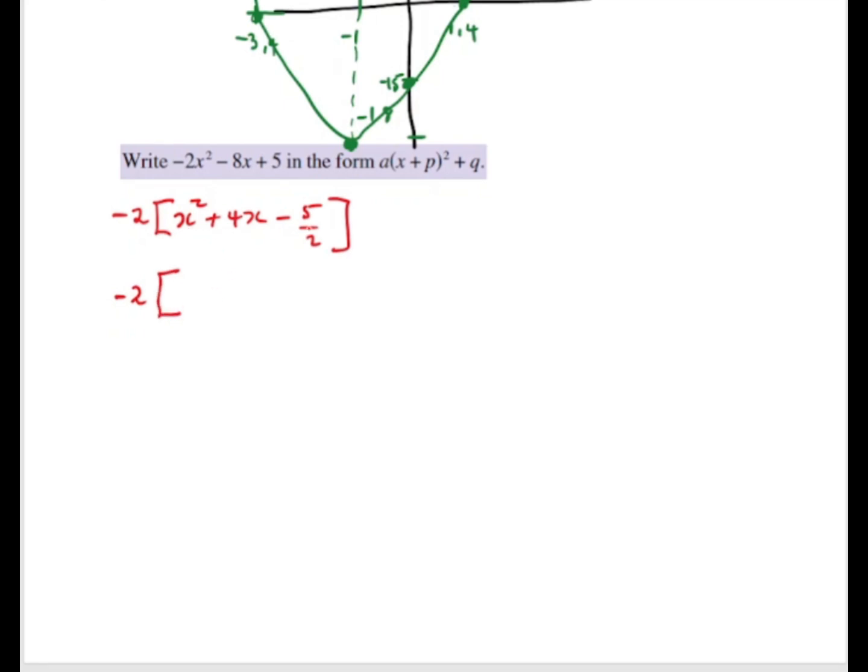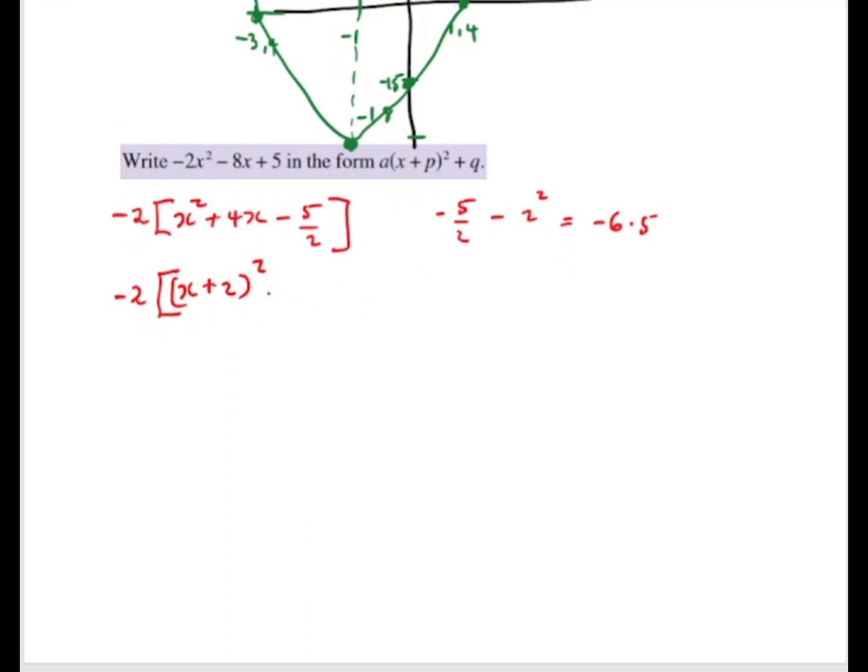So we write x, we have the middle number, that will be plus 2, we square this, and then to get what will be outside, we take the last value and subtract the square of the inside one, which is -5 over 2 minus 2 squared, since the inside one is that, and that is going to give us -6.5, or you can say -13 over 2 or something.